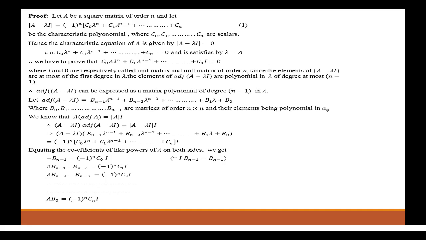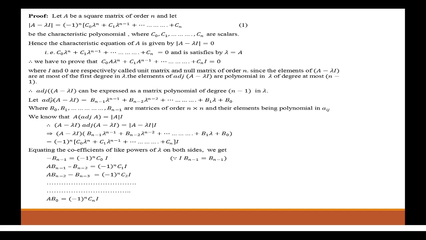Since the elements of A - λI are at most of the first degree in λ, the elements of the adjoint of A - λI are polynomials in λ of degree at most n - 1. Therefore, the adjoint of A - λI can be expressed as a matrix polynomial of degree n - 1 in λ.